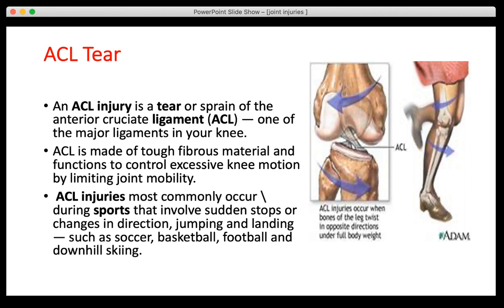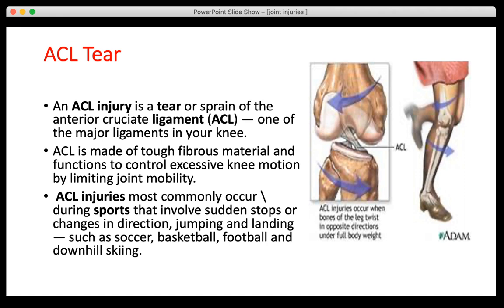Now the third type is the most common type of knee injury, which you have also heard the name of, that is ACL. This is basically anterior cruciate ligament injury. It is very common, and 80% of knee injuries are of this kind. ACL injuries are due to wrong biomechanical technique, wrong running posture, wrong walking posture.